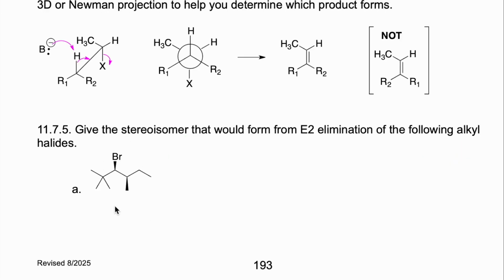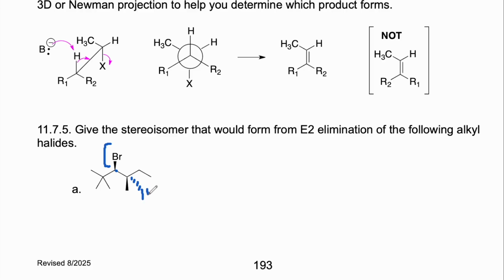So it's not always convenient to be drawing a lot of Newman projections when you're trying to do the problem. If you want to, you certainly can. But another way to look at this is to look at the stereochemistry of the halide. This one that's leaving is above this drawing. It's sticking out at us, so it's above this drawing. So the hydrogen that has to be removed is going to be below the drawing.